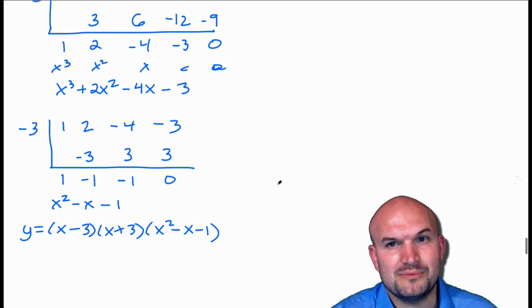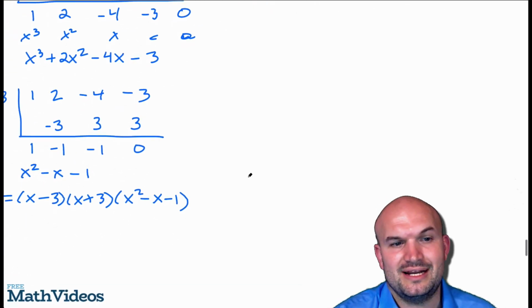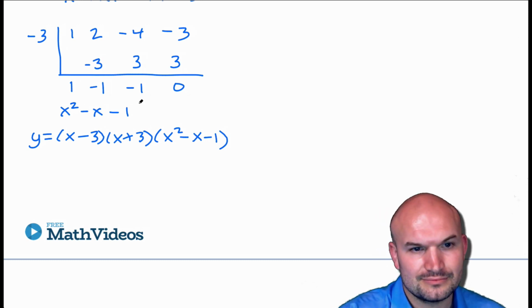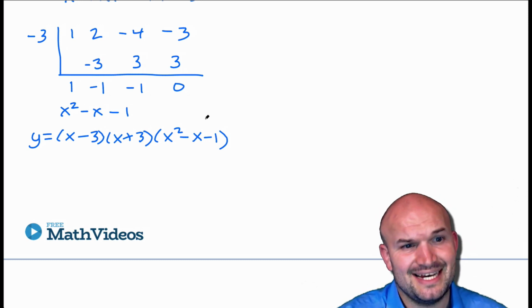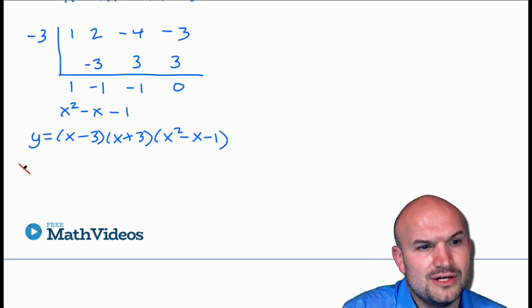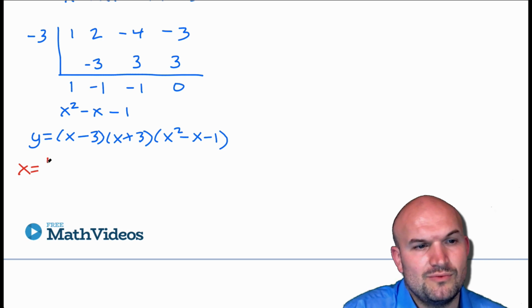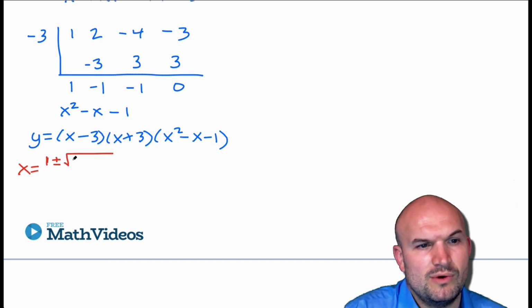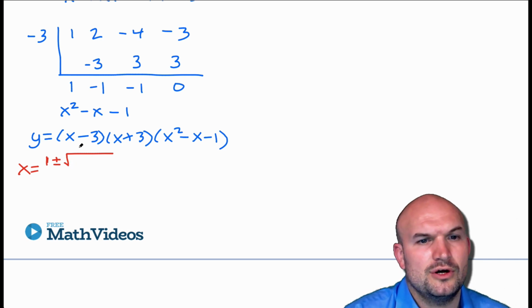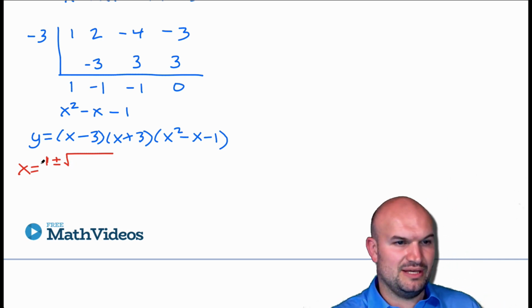this is non-factorable. So if it's non-factorable, guess what I got to do? Good old quadratic formula. So yeah, you're like, yeah, I know. Well, guess what? I'm going to do it so you can take advantage of that. So x equals opposite of b, which is 1, plus or minus the square root of 1 squared, which is 1. Or I'll just write in there. So b, opposite of b.